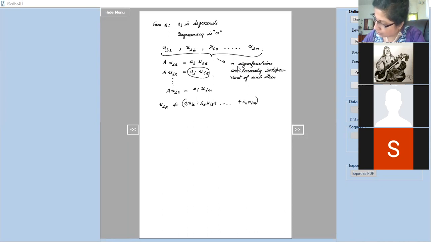I cannot do this. Not possible. So this is what I mean by linear independence. I cannot write one of them as a linear combination of the other two.